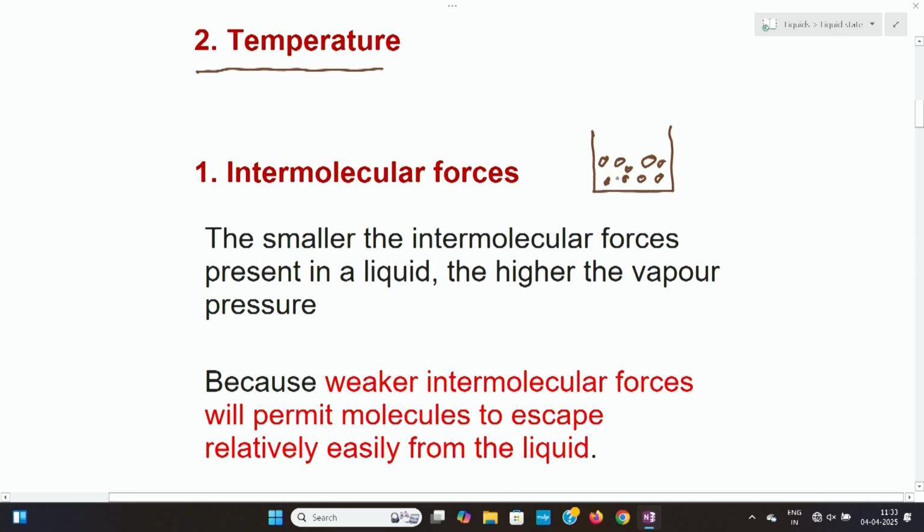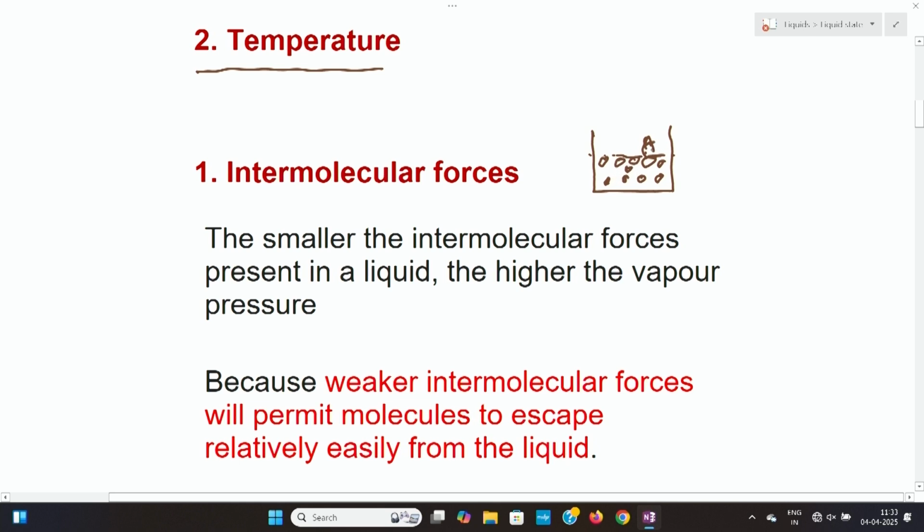The molecules at the interior have strong intermolecular forces, but the molecules at the surface do not have that much intermolecular forces because there are no molecules above. Therefore, at the surface, molecules have weaker intermolecular forces compared to the molecules at the interior.